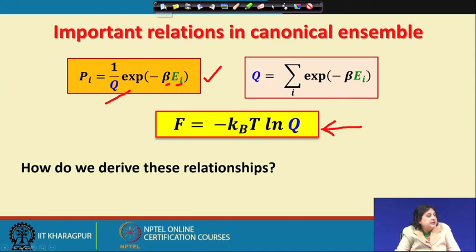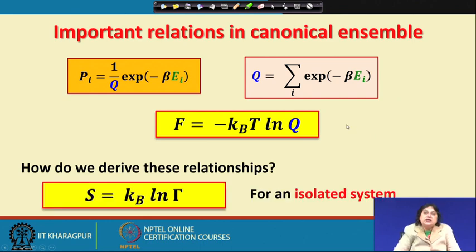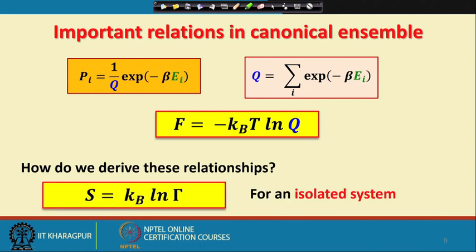Obviously, you would be asking the question, how do I derive such a relationship? As I have said, it is possible to derive these relationships from the Boltzmann hypothesis for an isolated system. In the next lecture, we will show you how to do so. Thank you.